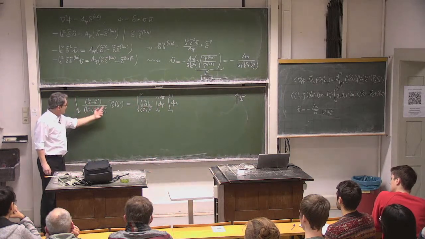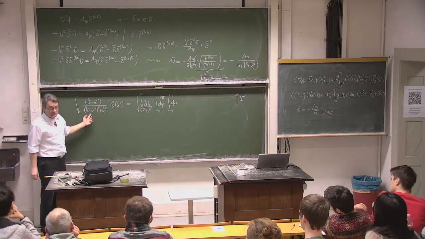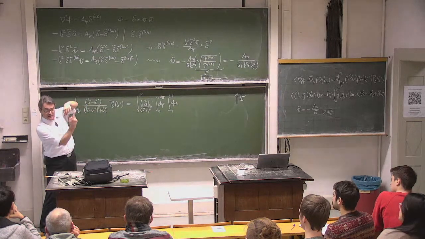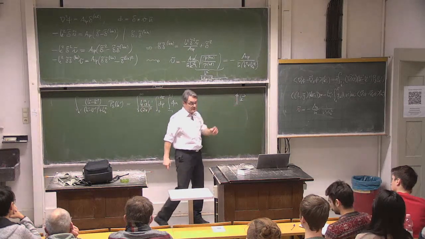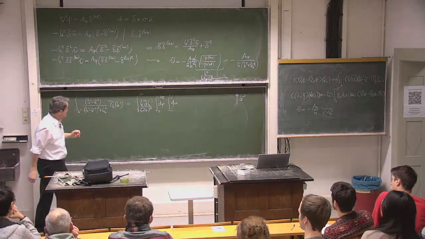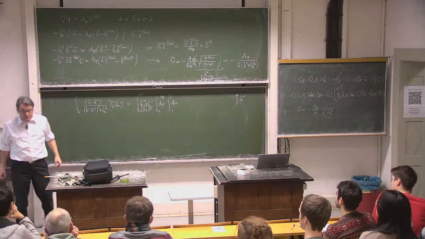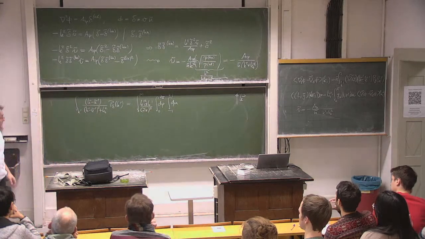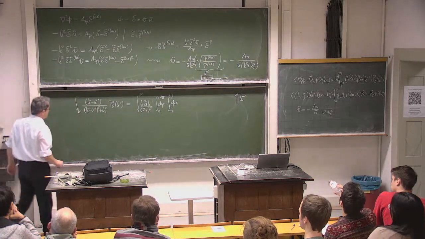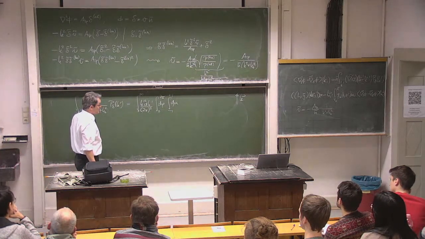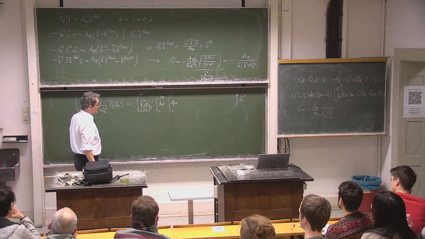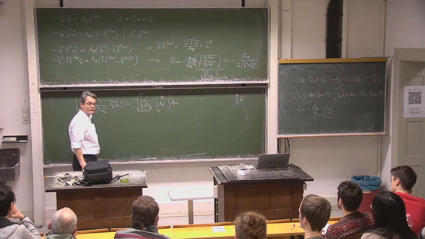The integrand does not depend on the azimuthal angle that k prime can describe with respect to k. So there's no dependence on phi in here. Oh, there is a dependence on phi.